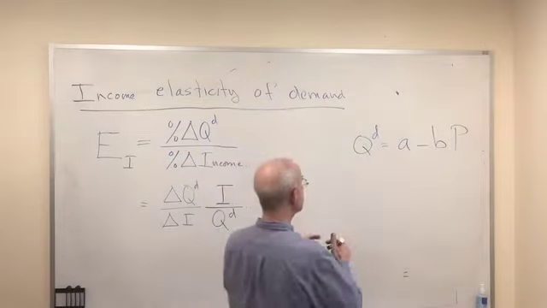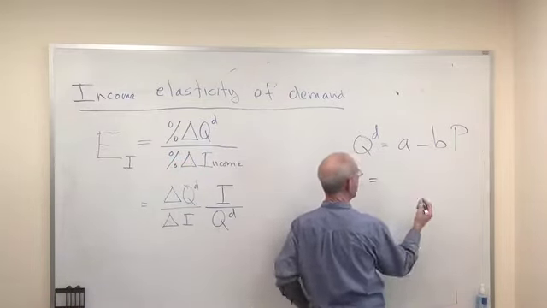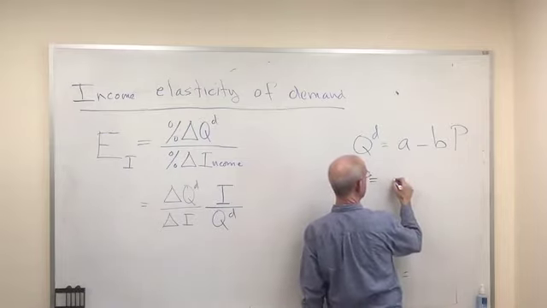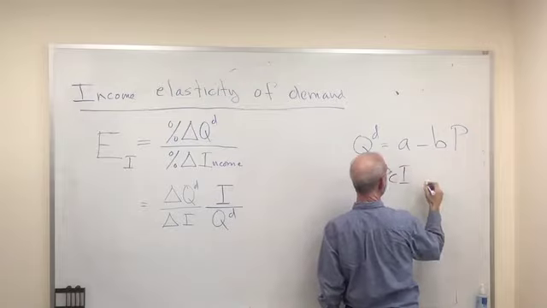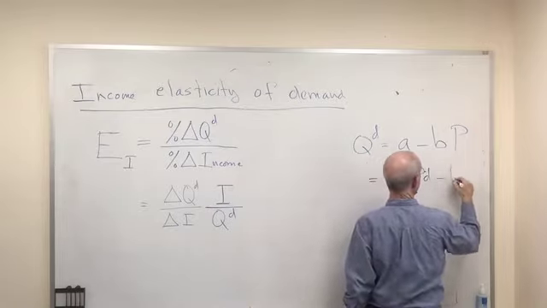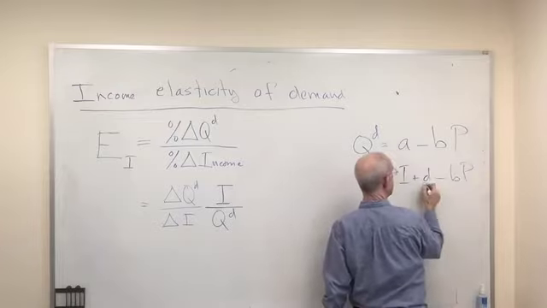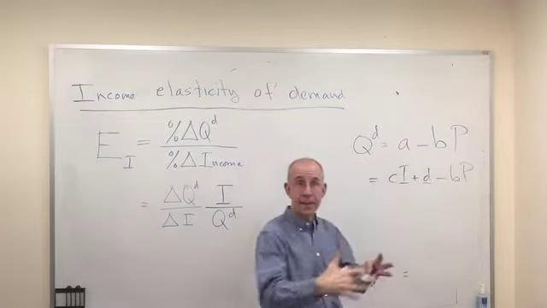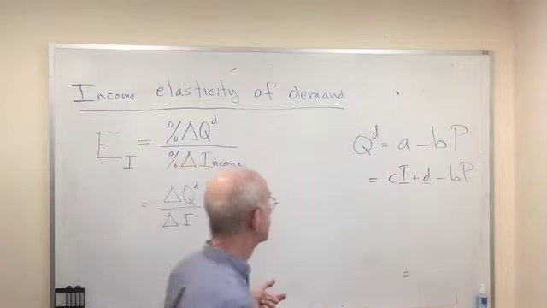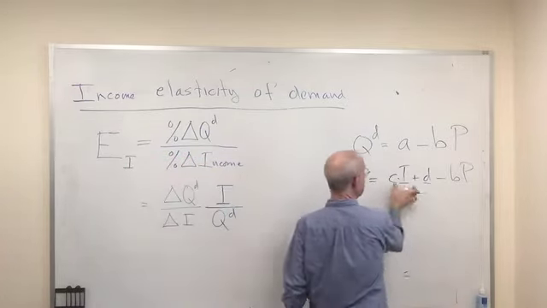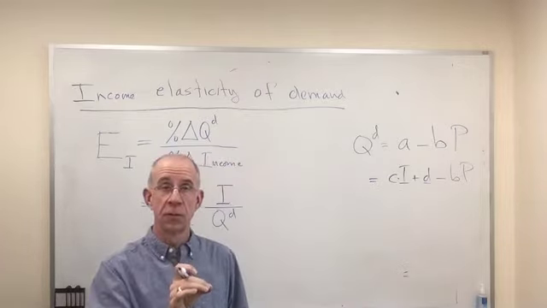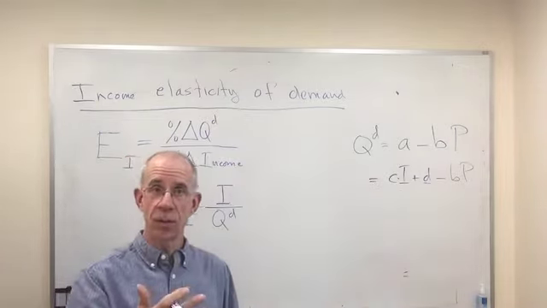So buried inside here, let's call it C times income plus some remaining set of variables D. We could write this demand function in a way that explicitly considered how demand would change for this good if income were to change.